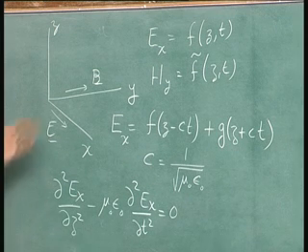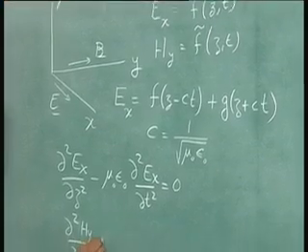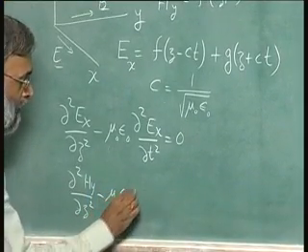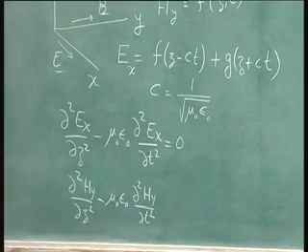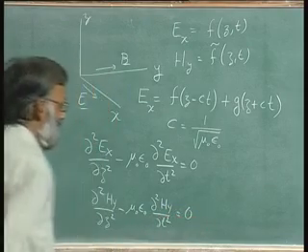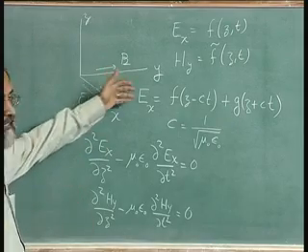Exactly the same equation can be derived for Hy. I did not prove it, I left it to you to work out. So, it is the same equation in both cases, therefore, it is the same solution.